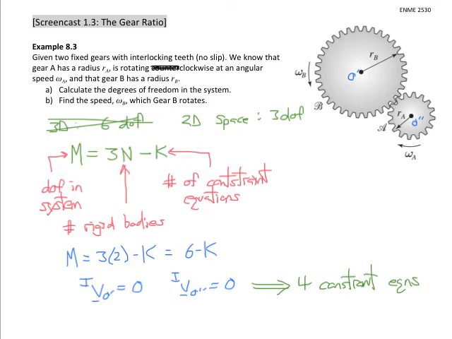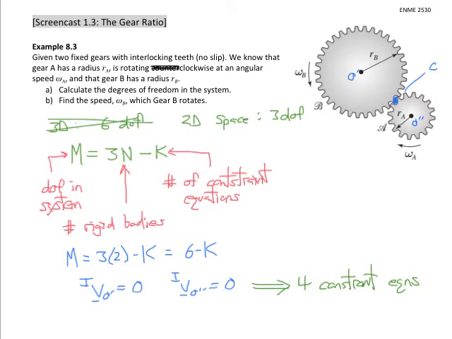The next thing we know from the problem is that these gears have interlocking teeth, so there's no slip between them. So this is going to cause another constraint, and this constraint comes at the interface between gear B and gear A. Let's call this point C. At this point C, the velocity of the point on gear B and the velocity of the point on gear A is the same.